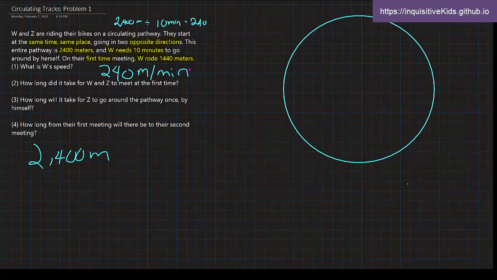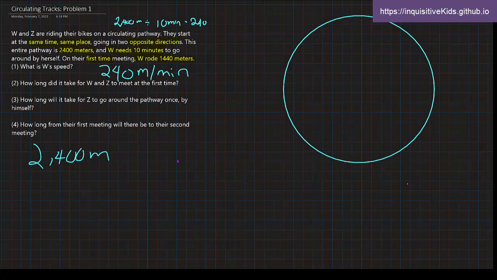We also know that her speed is 240 meters per minute. So the time of them meeting is really just the time of W riding that 1,440 meters.